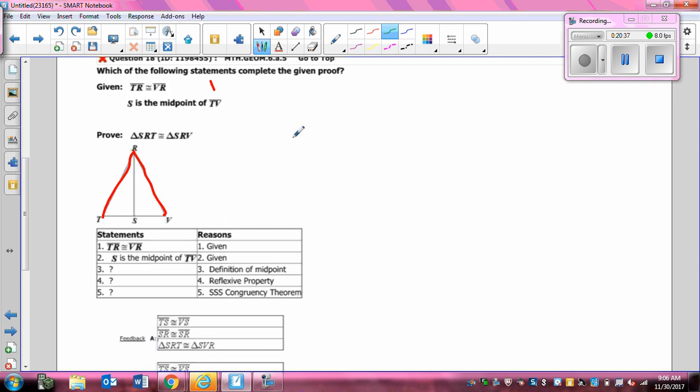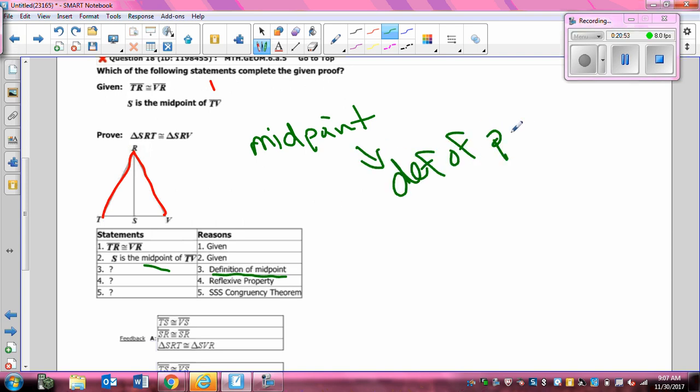Remember, every single time we have this word midpoint, write this on your red paper. We're going to use the definition of a midpoint. And that gives us the definition of a midpoint, and we're going to set something equal to something. So when we're saying that S is the midpoint of this line segment, we're always going to set it equal.